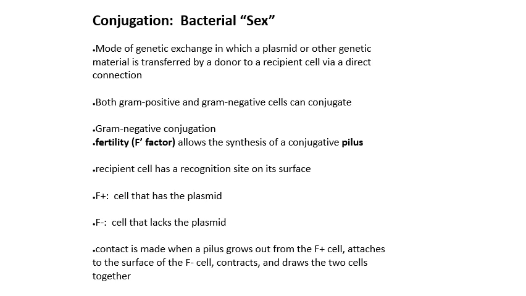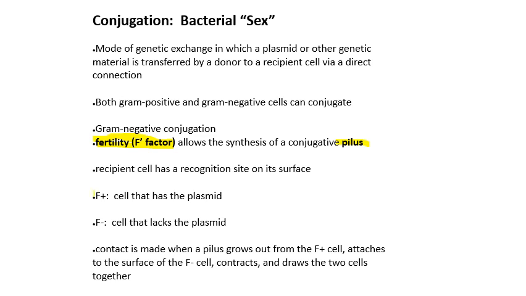On that plasmid are genes for how to create a pilus. So a pilus is just this tunnel-like structure that can connect two bacterial cells. And the genes for that pilus are on the plasmid, and we call that an F factor, a fertility factor, meaning that it's got the ability to create this pilus and reach out and grab another cell.